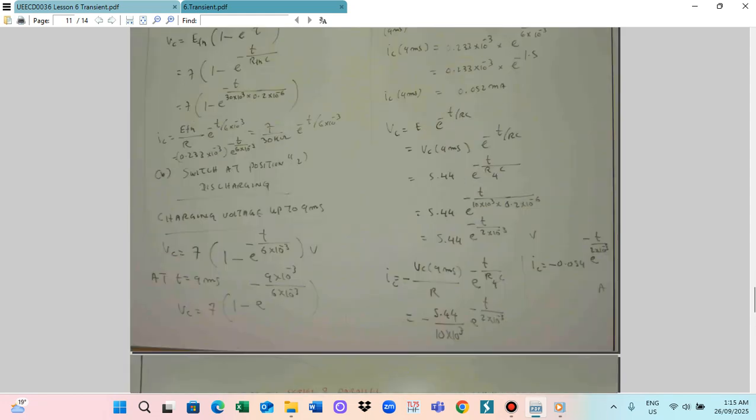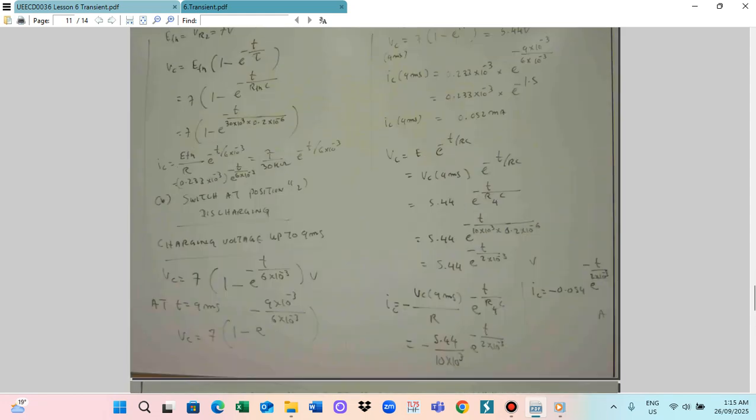VC is the VC at 9 milliseconds into e power minus T by RC. So we substitute 5.44 e power minus T by R4 into C, where the resistor is R4.